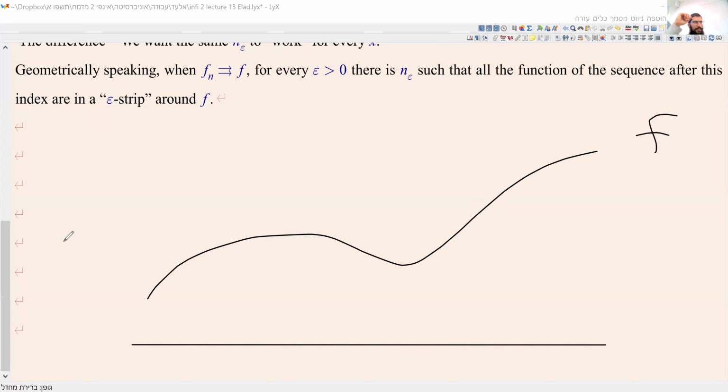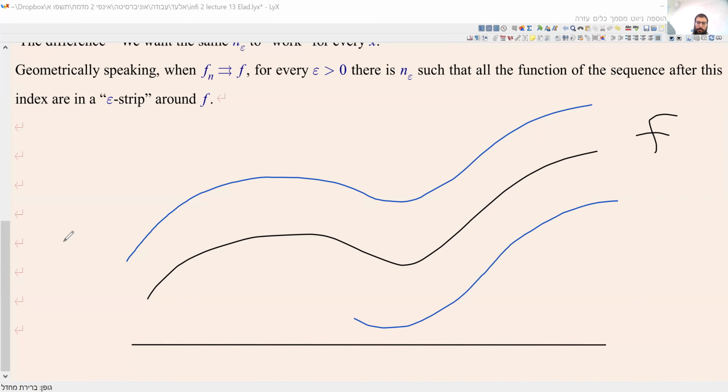That for every x, there is a level n epsilon, an index in the sequence, such that after n epsilon, the distance between fn(x) and f(x) is smaller than epsilon for every x along the segment. So we have what I call an epsilon strip. In Hebrew, I call it pas epsilon, but strip is better.